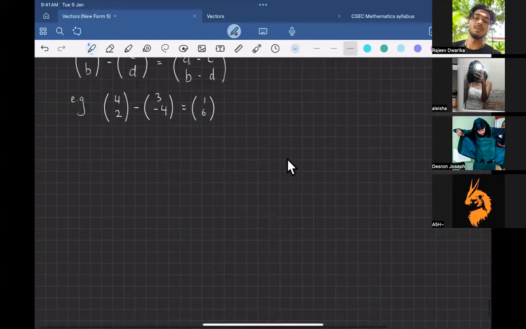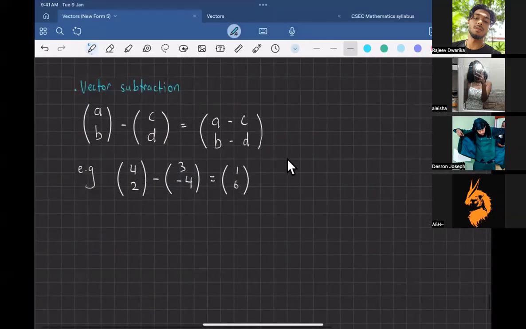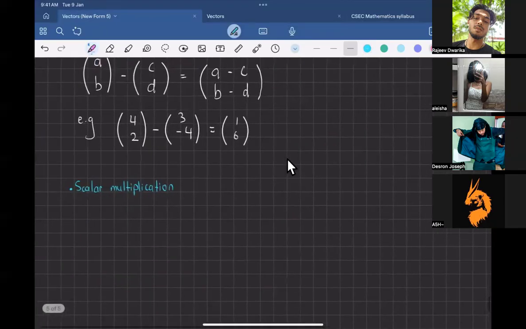All right. Next thing, we look at scalar multiplication. There's a very important note here.